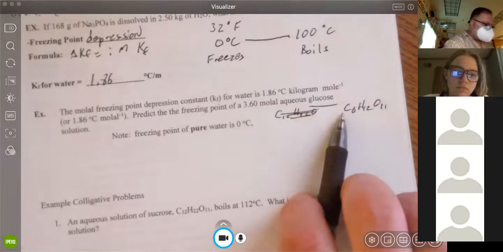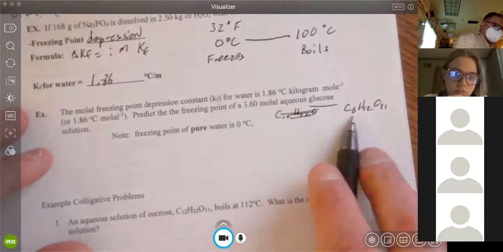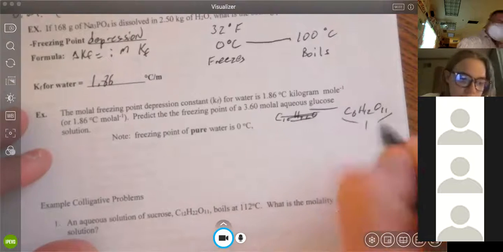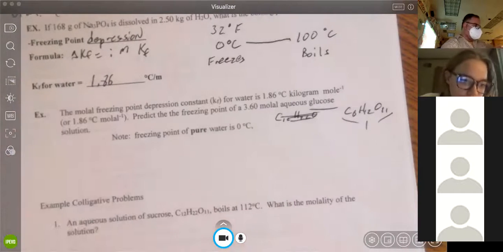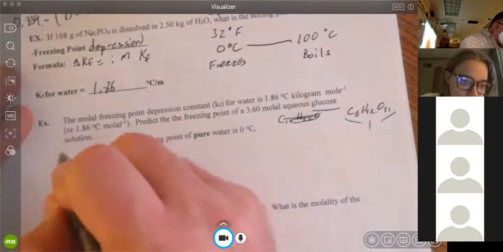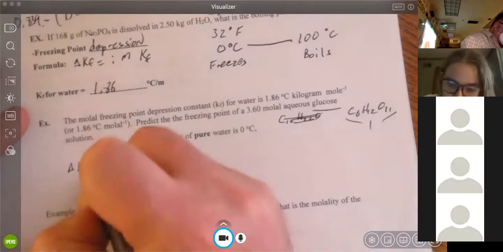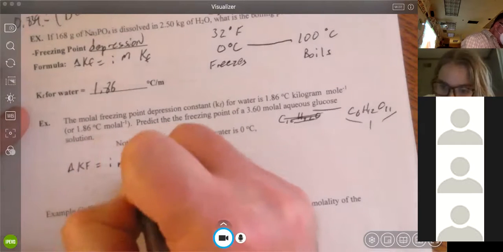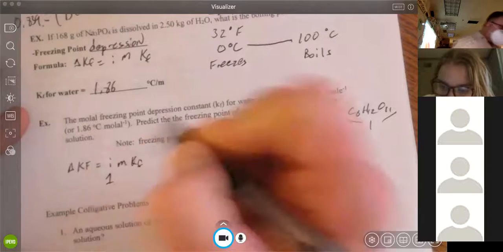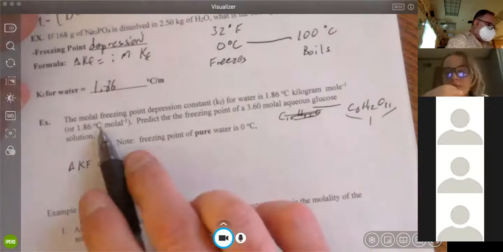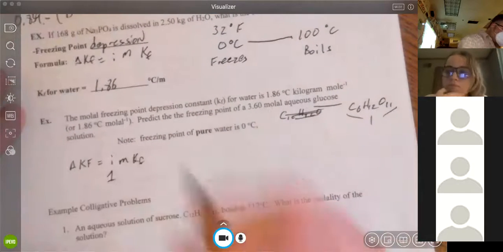You have the periodic table in front of you always, but the fact that it's not a metal means that these do not separate and the Van't Hoff factor is 1. So I go back to my formula. Delta T f equals i m K f. The Van't Hoff factor is 1. The molality is 3.6.